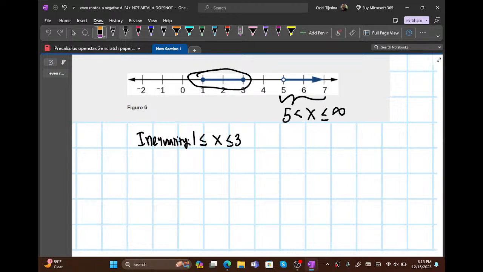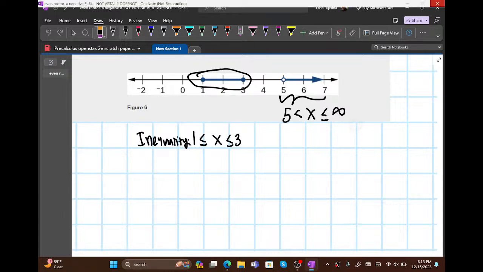Or I'm sorry, no, that's not how you say it. It's going to be x greater than 5.